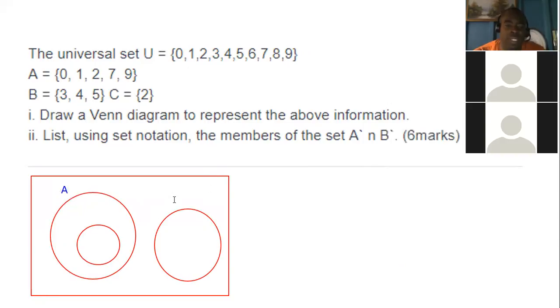So this is set B. Then you have set C. Okay, so now we're going to put in the data. So B has 3 in it. 4 also. 5 as well.